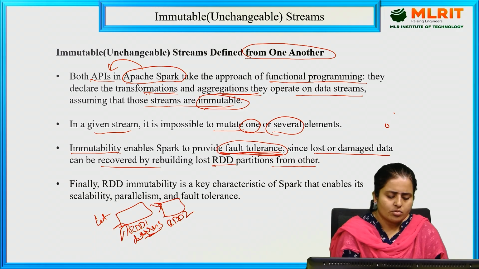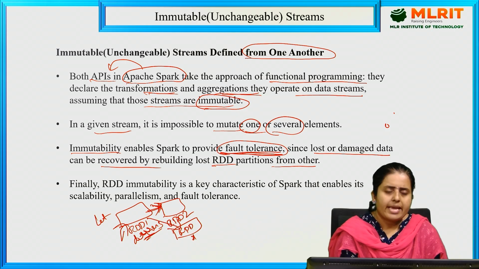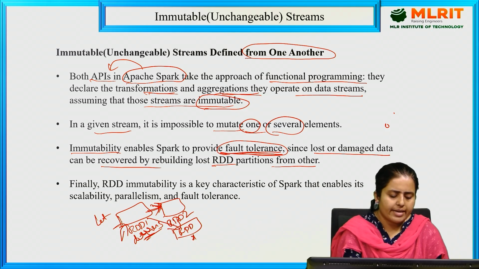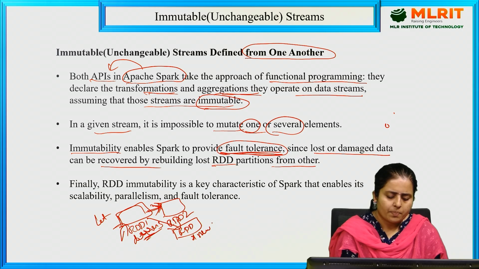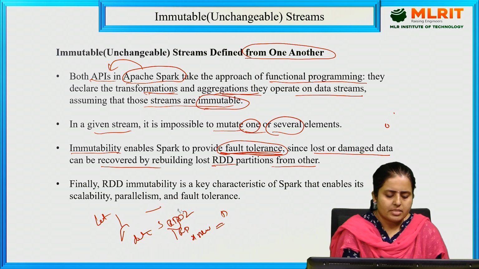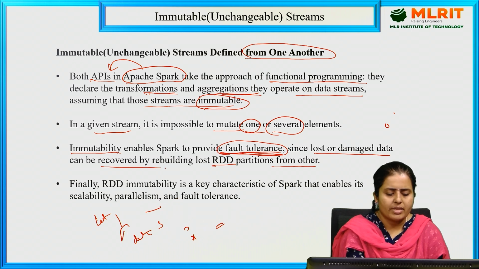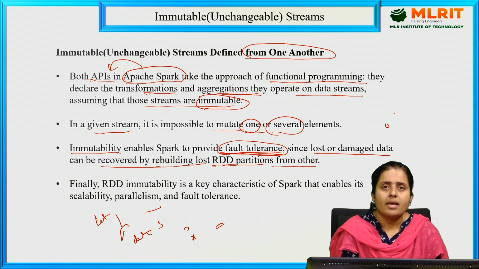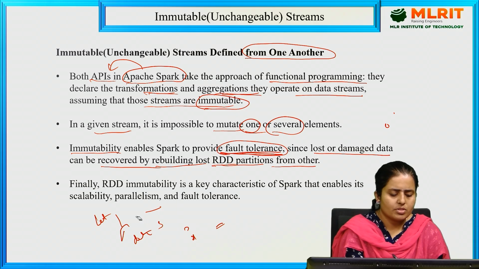If we create RDD1 again, it will be recollected from the existing RDD. It will create a new RDD with the existing data. We can say that is a main basic thing of Apache Spark. So we can rebuild the lost RDD partitions by using an already existing stream.